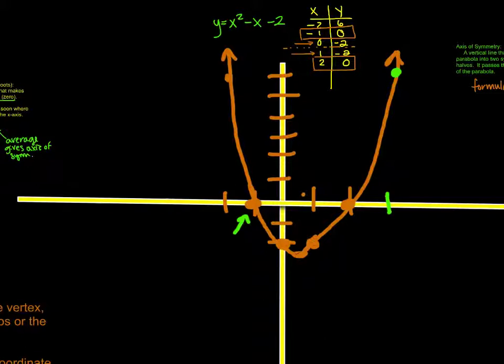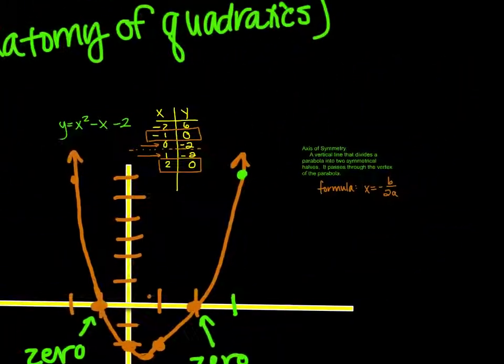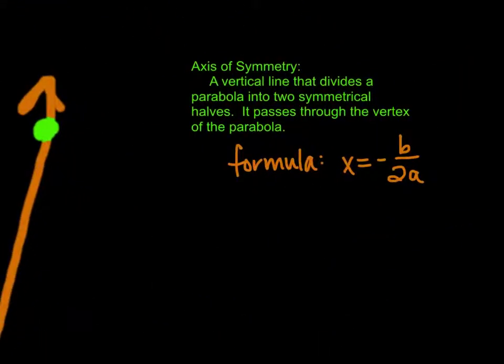So let's see if everything now ends up to be the same. So we have our zeros, 0, and here is our other 0. So we have our two places where it crosses the x-axis, and now let's go on to what's called our axis of symmetry.